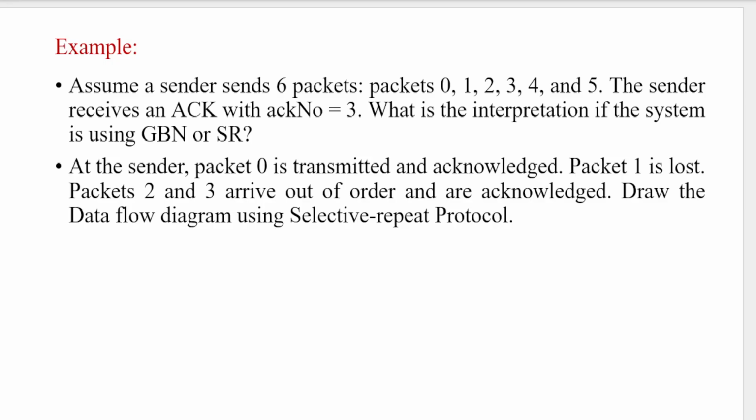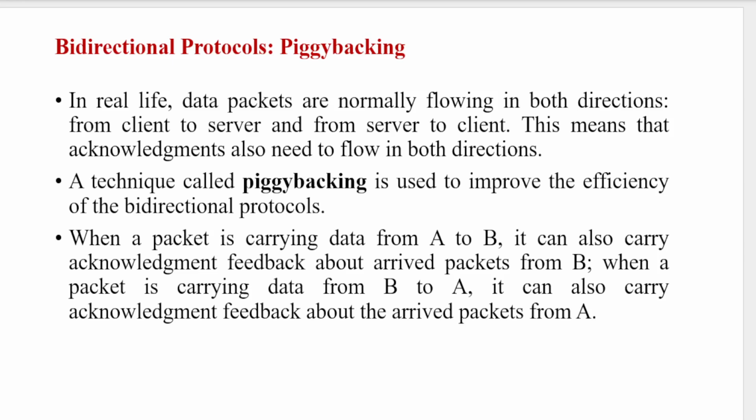Here are some examples, and the next one is the bidirectional protocol, also called piggybacking. It's a very simple protocol. In real life problems, the sender and receiver will be sending data, and they should also send and receive acknowledgements.